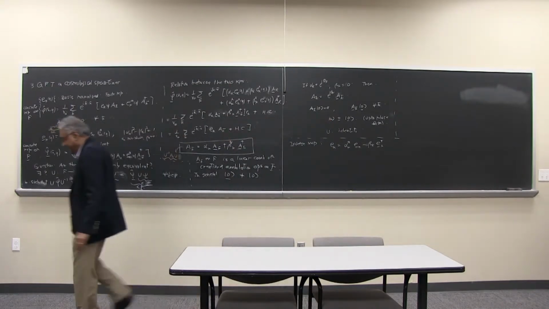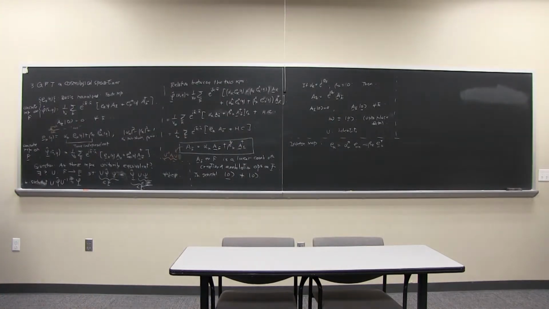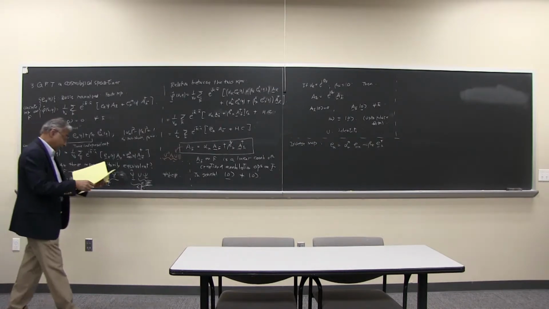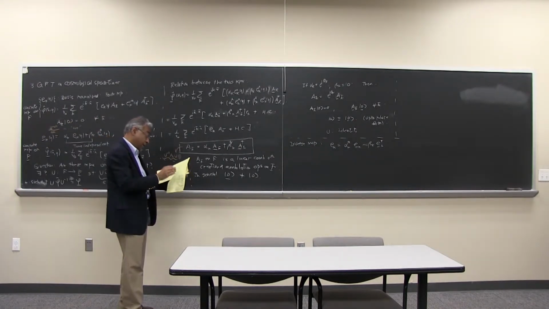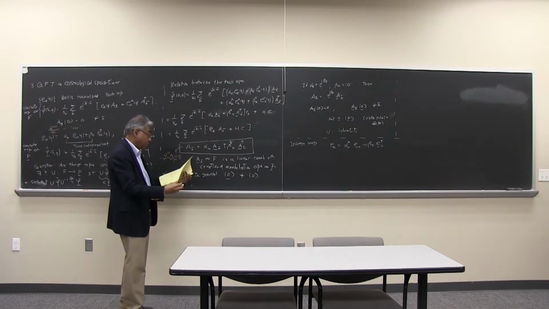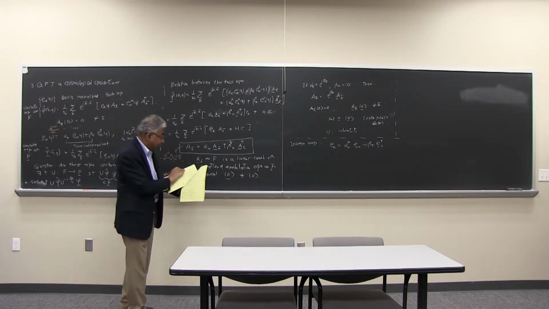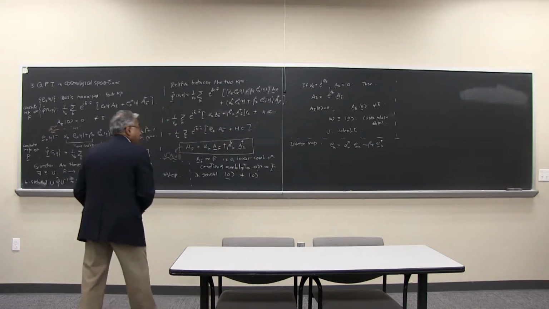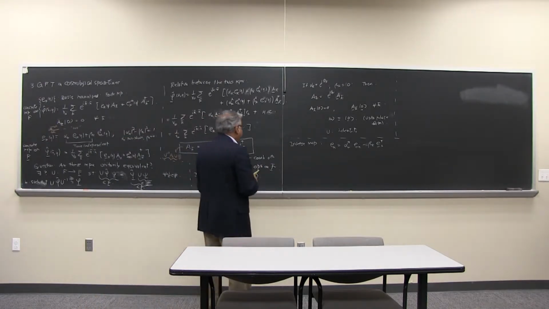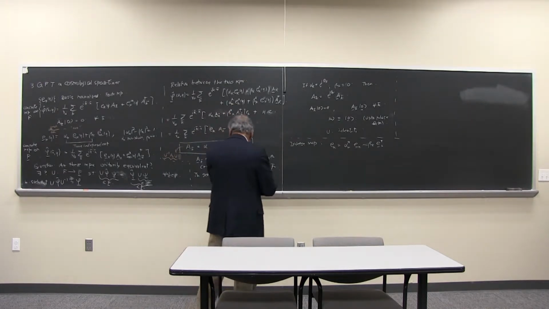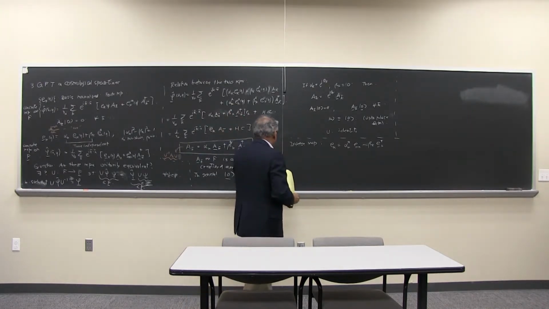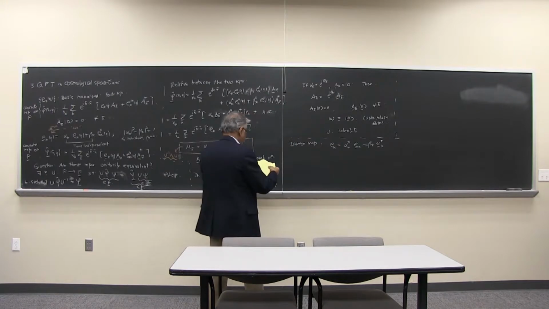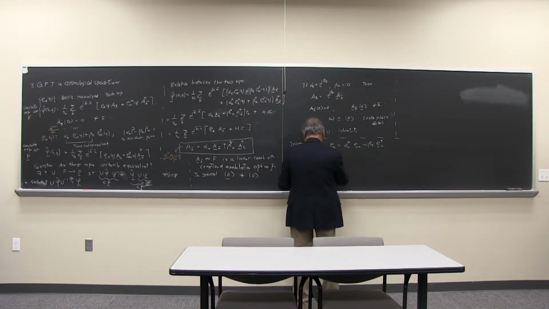So let me make sure that my signs are right, because I know my memory is not good at signs. E_k is equal to alpha star. Okay, so that's the inverse map there. And as a result of that, we can also write down the relation between the inverse of this relation up here.